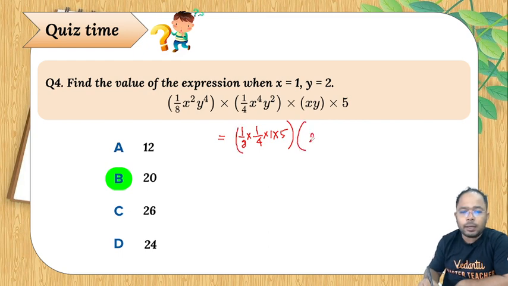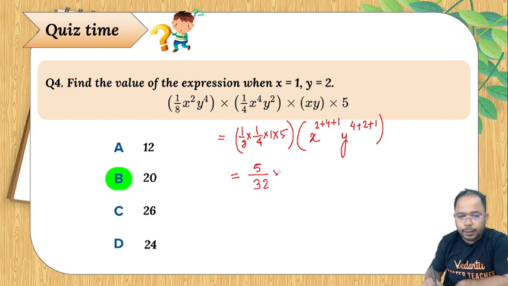Then we have x to the power 2, plus 4, plus 1. Similarly, y to the power 4 plus 2 plus 1. So it's 1 into 1 into 1 into 5. That gives you 5 by 8 fours are 32, into x to the power 2 plus 4 is 6, 6 plus 1 is 7. And y to the power 4 plus 2 is 6, plus 1 is 7.